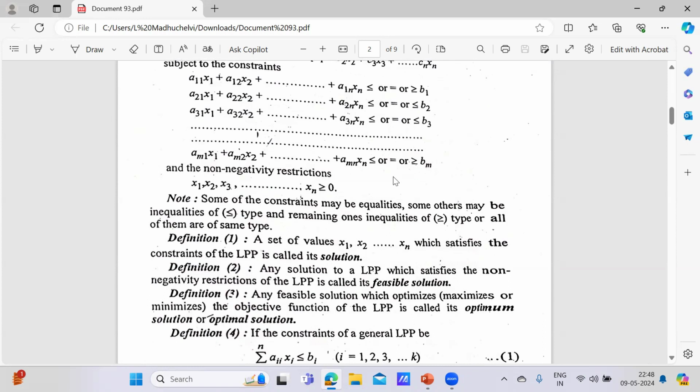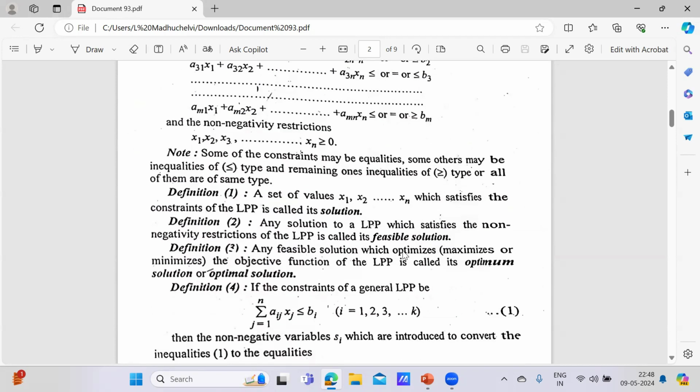Let us see the definition of a solution of LPP. A set of values x1, x2, etc. xn which satisfies the constraints of the LPP is called its solution. Then what is called a feasible solution? Any solution to a LPP which satisfies the non-negativity restrictions of the LPP is called its feasible solution.